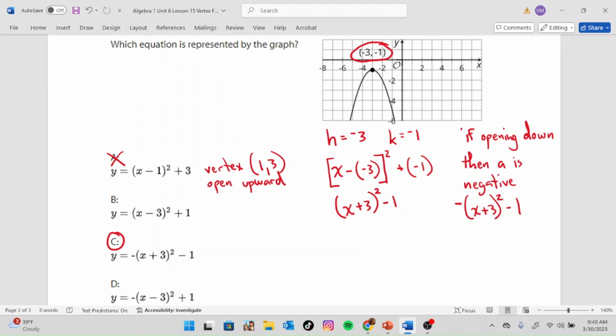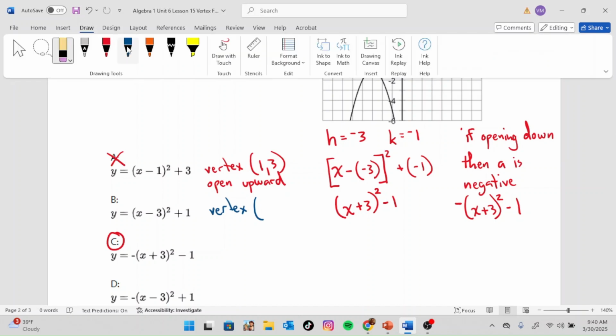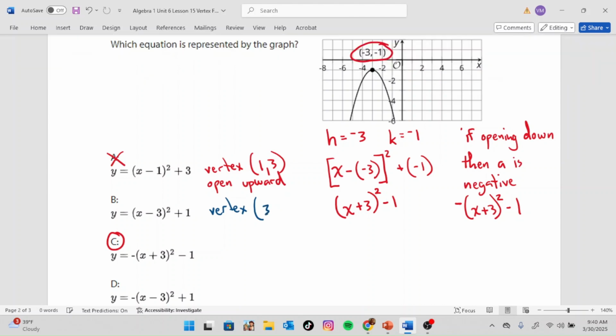B would have a vertex at positive 3, positive 1, and it would open upward. So B is wrong.